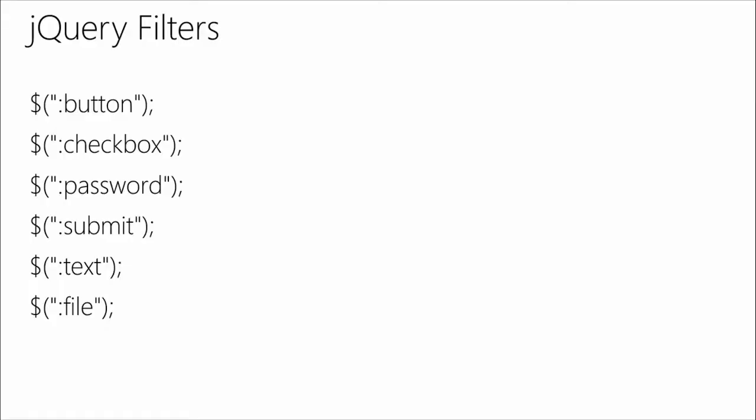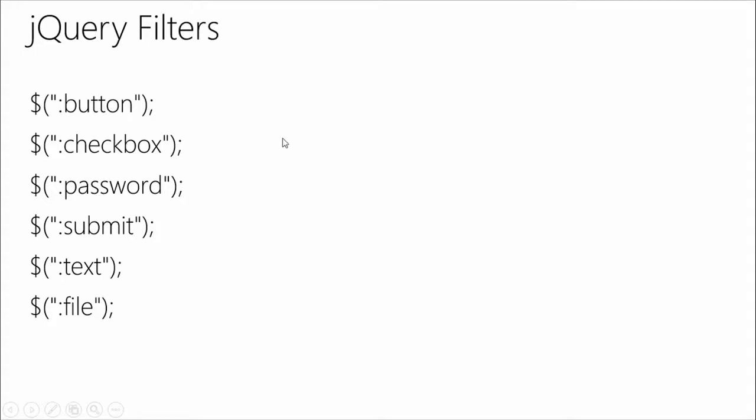Another part of selectors would be what we call filters, or sometimes extensions. They're selectors, but we call them filters. And these ones in particular that are on the slide were added a little bit later. So they're not necessarily the same exact as you would see in CSS, but I can come in here and select the type of an element here, a button, a password, a submit.